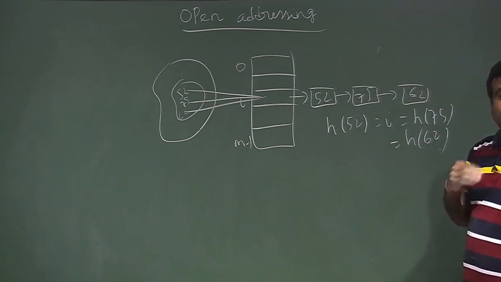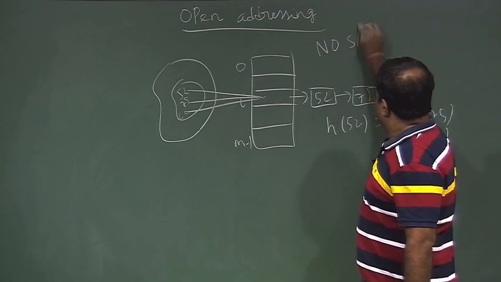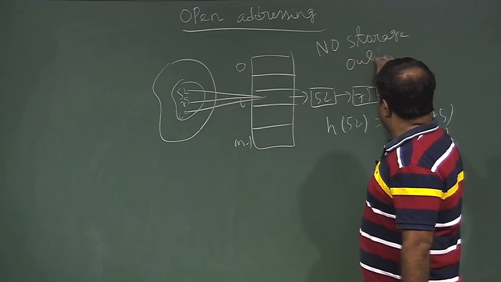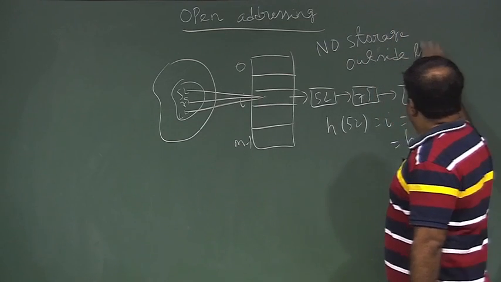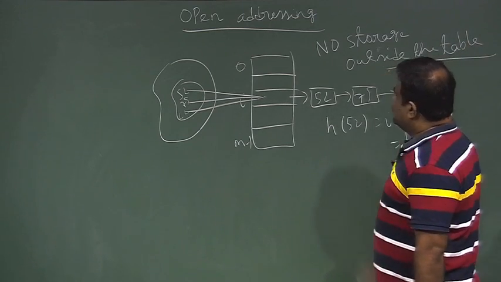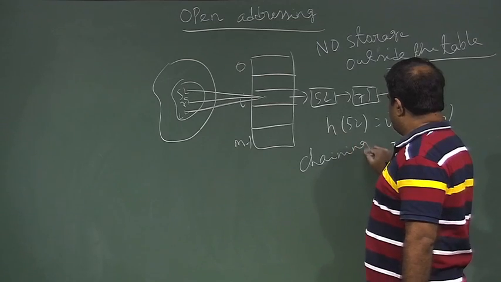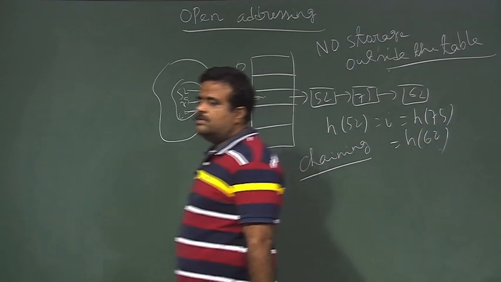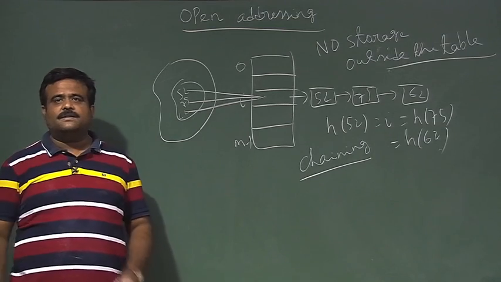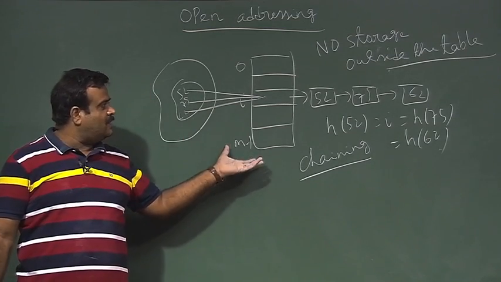So suppose no storage outside the table is allowed. Suppose this is our restriction, then we cannot do the chaining. If you are not allowed any extra storage outside the table, then we cannot have a linked list outside the table, so chaining cannot be applied there.